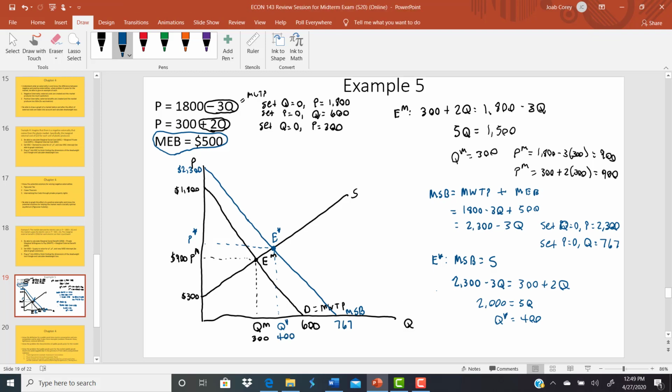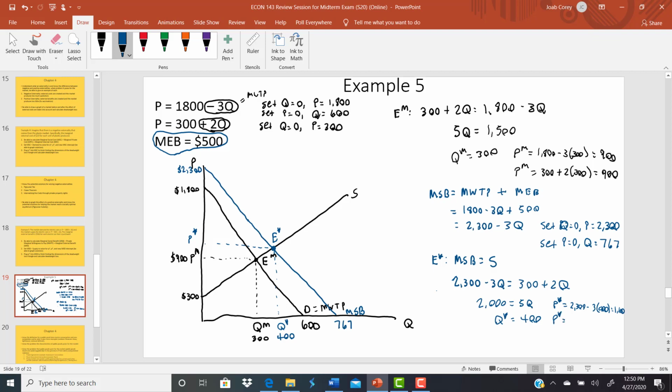Now again, if we want to solve for P star, then we just plug that 400 into either our marginal social benefit equation or our original supply equation. Again, don't plug it into the original demand equation because we're no longer using that original demand curve to get this new equilibrium. So we're plugging it into our marginal social benefit equation, and that is 2,300 minus 3 times 400, and that's going to be equal to 1100.